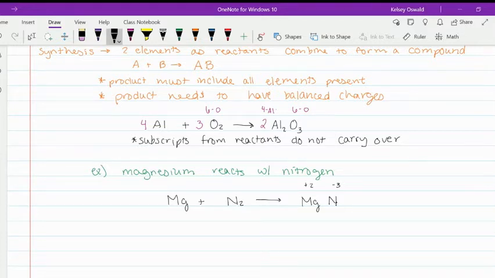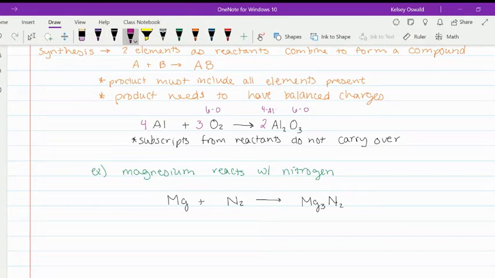So in order for that to balance, I need 3 of my +2 magnesiums, so you get an overall charge of +6. And I need 2 of my -3 nitrogens to get an overall charge of -6. Here my positive and my negative charge balance out. Okay. So again, I cannot just carry over the subscripts. I have to look at my individual charges to write that formula.